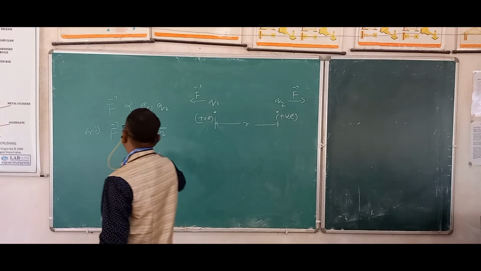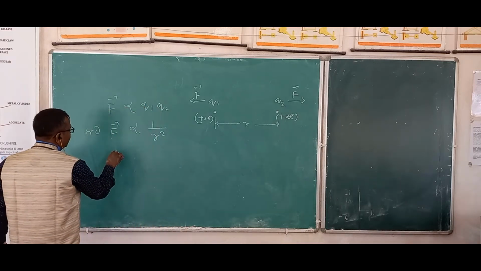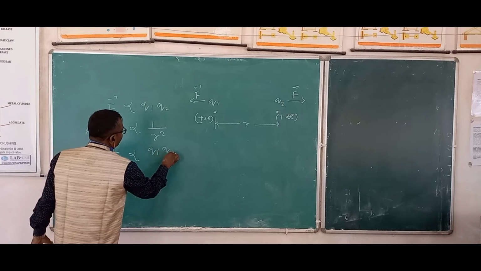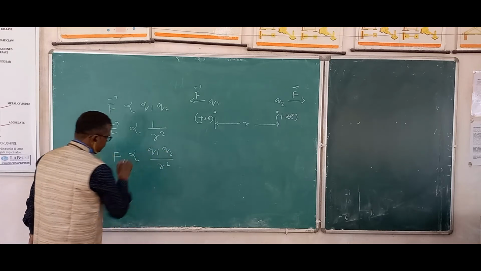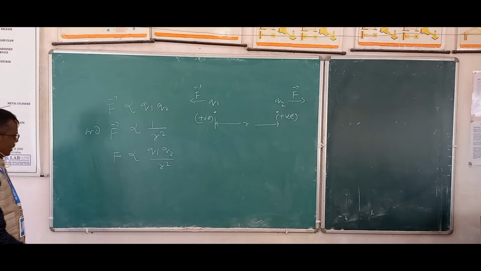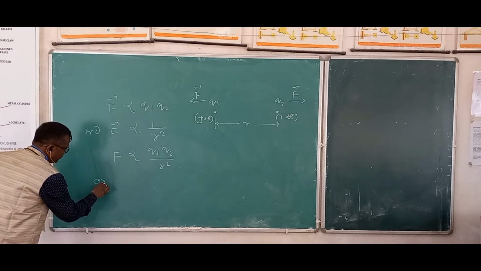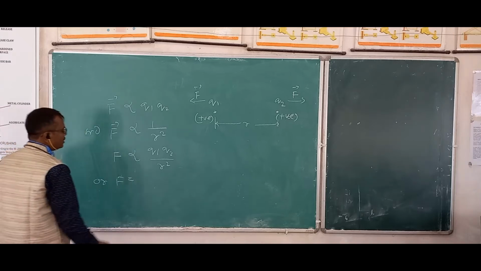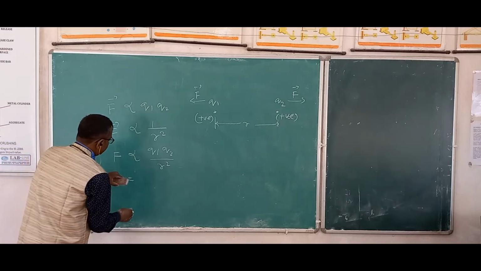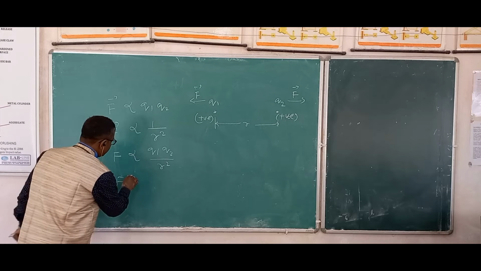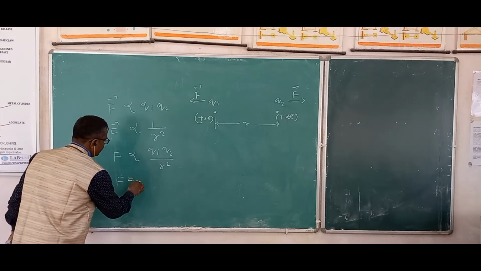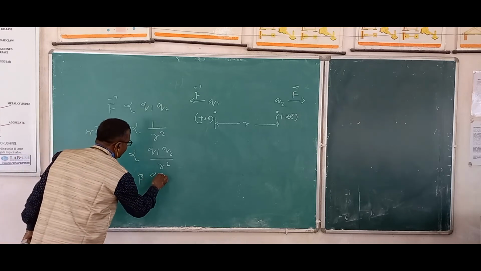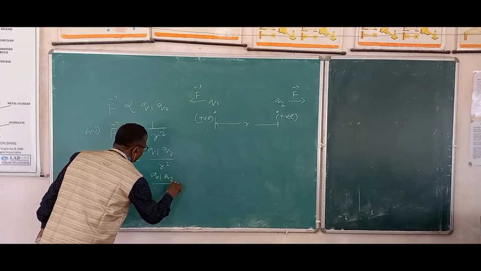Now, combining these two, we have F is proportional to Q1 Q2 by r square, or F is equal to some constant beta Q1 Q2 by r square.